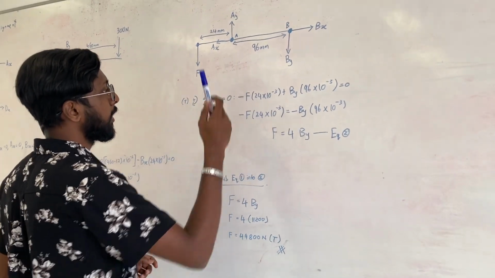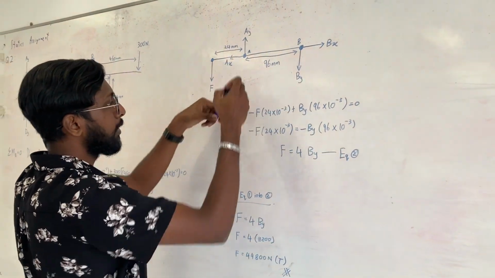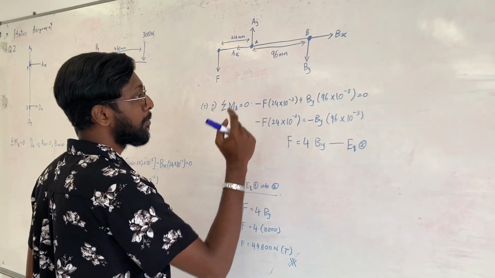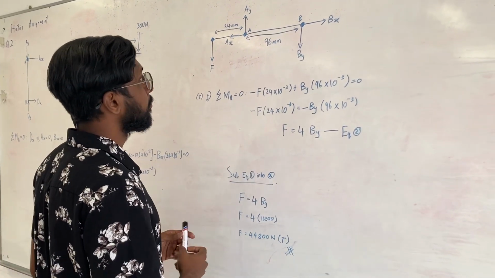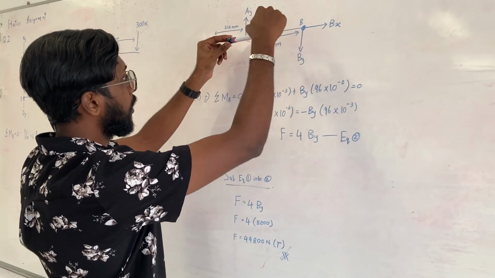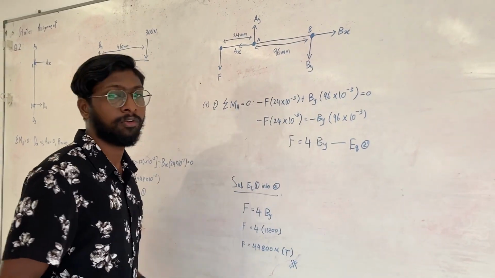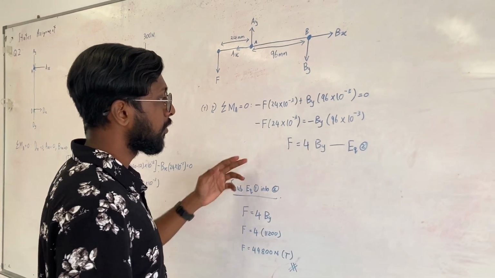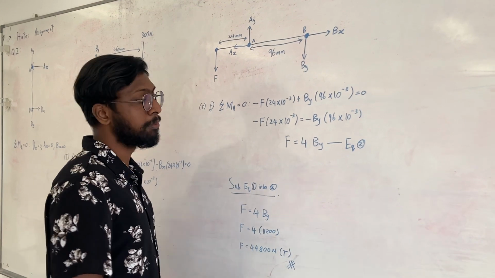So this will be our point A. Negative F is pushing downwards, so anti-clockwise. Negative F times the perpendicular distance, 24 times 10 to the power of negative 3, plus By. By is pushing down, so it will be clockwise, positive, 96 times 10 to the power of negative 3 equals 0. Solve that equation and we can get F equals 4By, which will be our second equation.